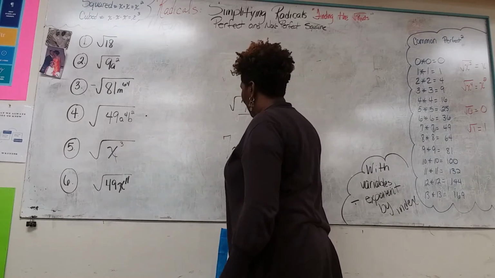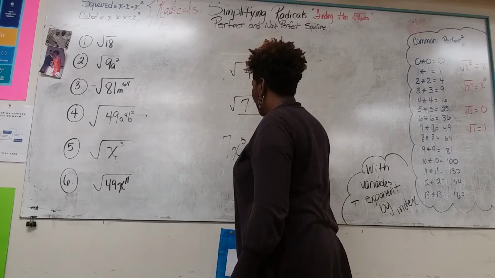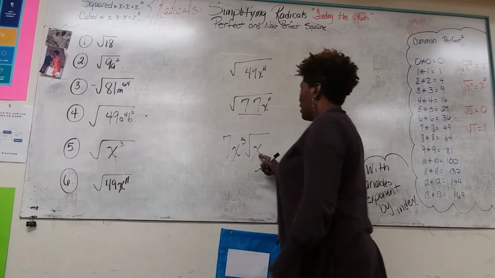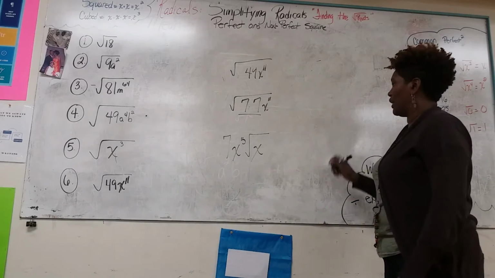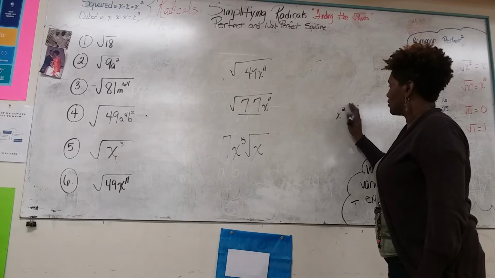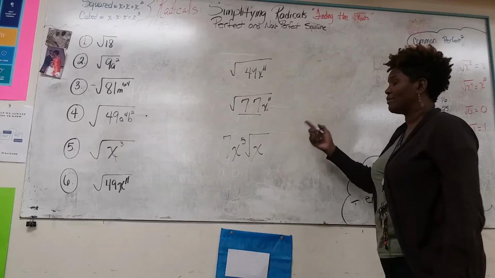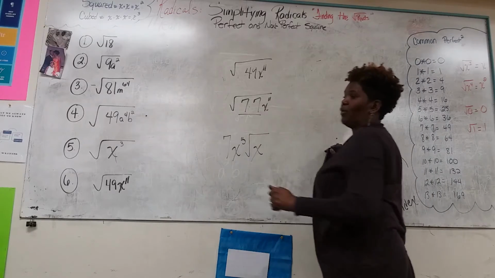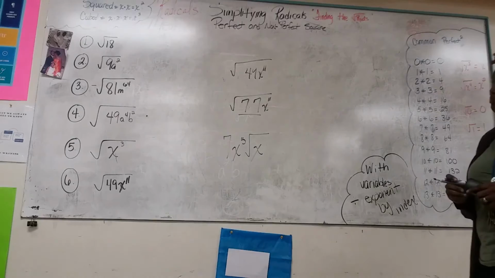So it'll be 7x to the 5th square root x, because 5 times 2 is 10, but we have 11, so we just have 1 left over.